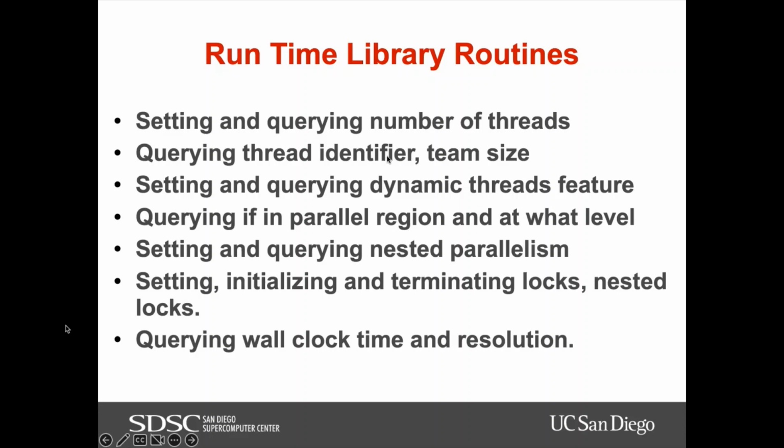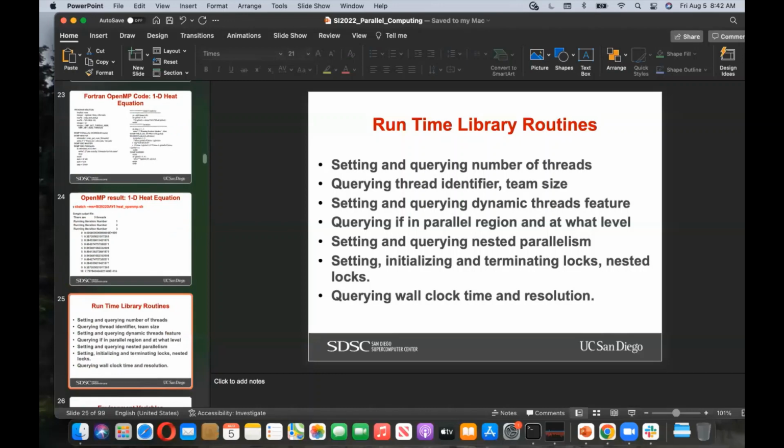So there are some runtime libraries in OpenMP that let you set and query the number of threads. Oh, there's a question about why there is an OpenMP barrier. It's to synchronize across all the tasks if you want all of them to wait for everything to finish.